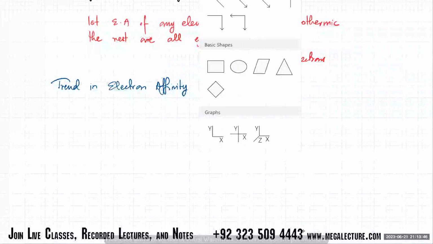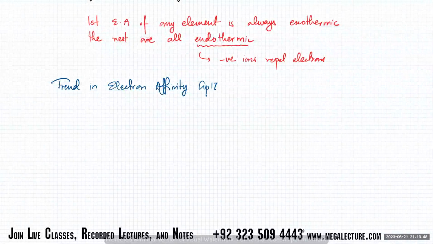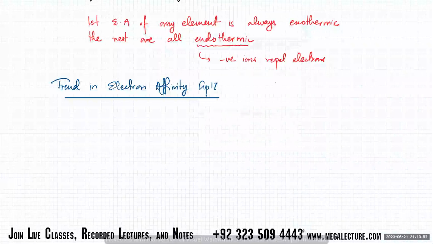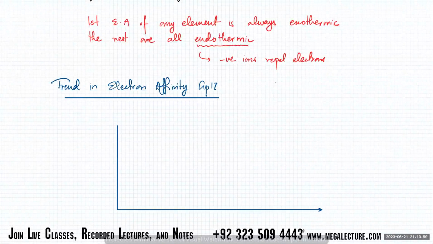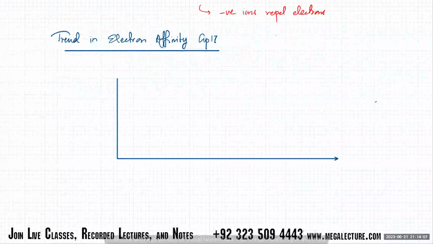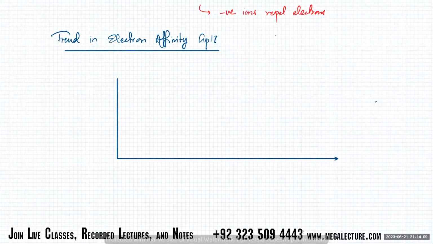But let's focus on group 17 at the moment. So the trend is, I need an inverted graph, just a second.